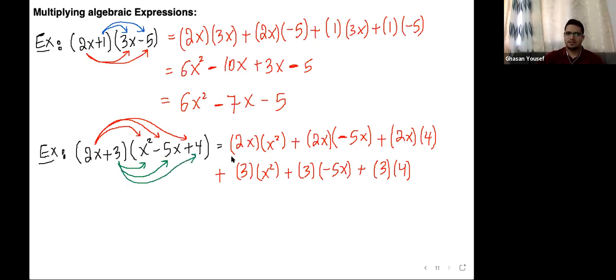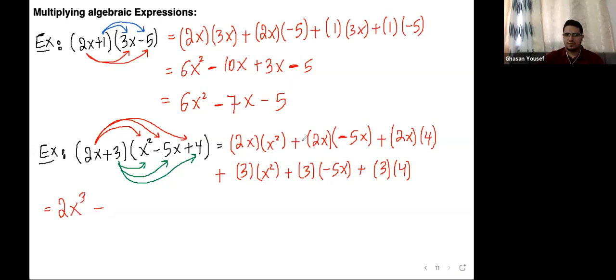So now let's simplify the answer. I get here 2x times x squared. I get 2x cubed because I have the same base x, different exponents, so I just add the exponents. 2 plus 1 gives me 3.